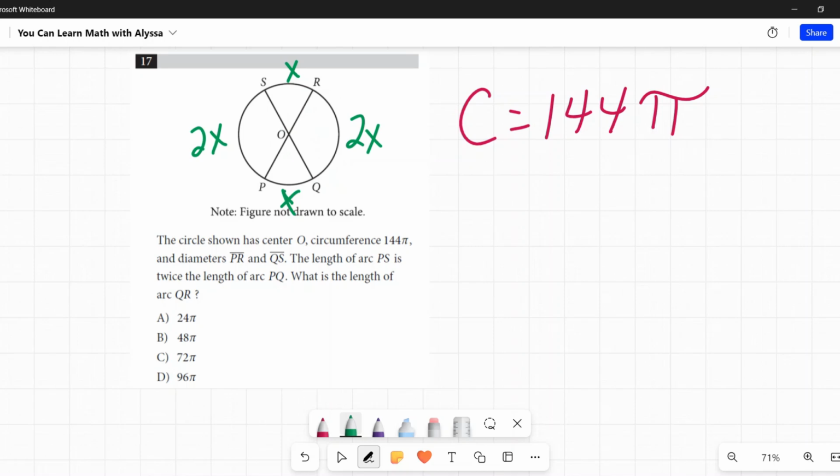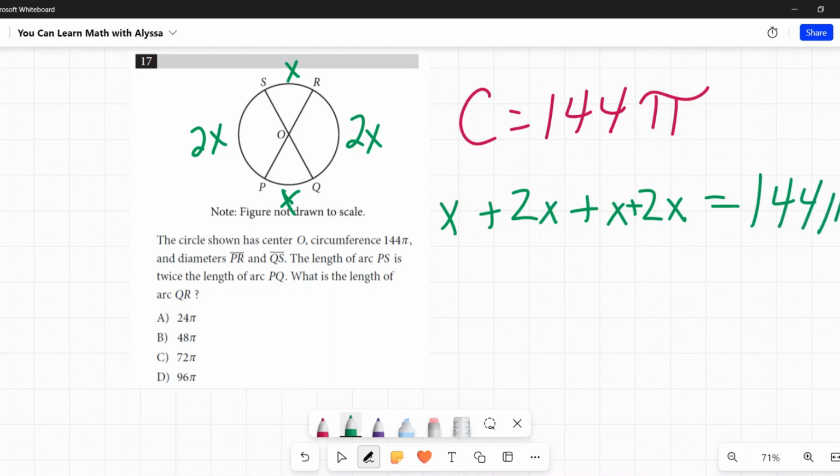Now circumference is the distance all the way around. So x plus 2x plus x plus 2x is going to equal that circumference. Let's write that out: x plus 2x plus x plus 2x equals the circumference, which we were told is 144 pi.